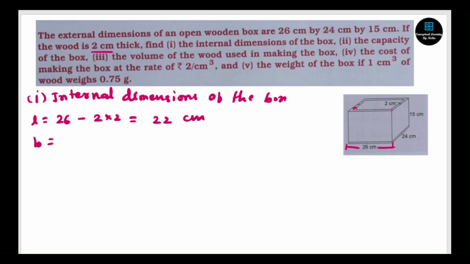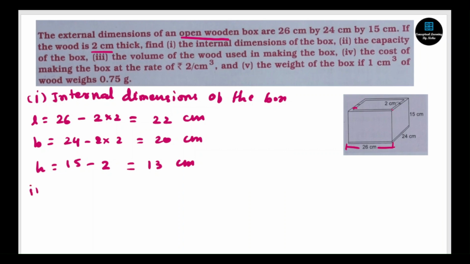Breadth is equal to, here it is 24. So 24 minus 2 into 2. So we'll get 20 centimeter. And height. Now here they have given that it is an open wooden box. So for height we have to subtract just 2, right? Because we don't have the top. So it is 15 minus 2, which is 13 centimeter. So I get all the dimensions, and now we have to find the capacity.